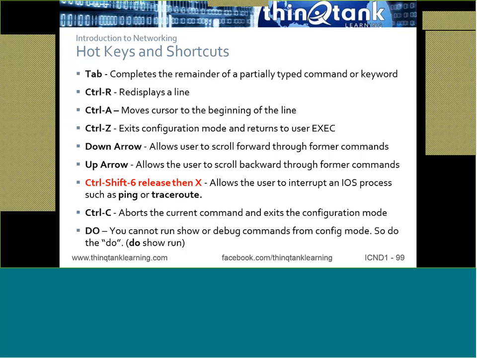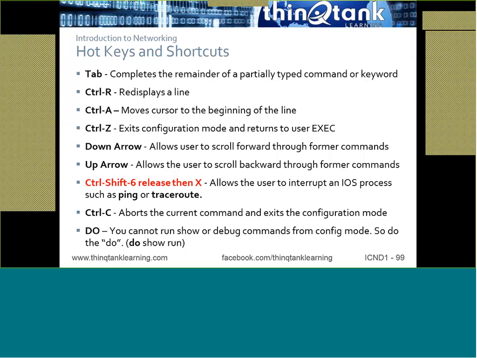On a real router, it's Control-Shift-6 and then push X. That is the break sequence for a Cisco device. Okay? Break sequence, that means to stop. To stop whatever's happening at that time. If you're doing a ping, trace route, if the router's doing a DNS lookup, Control-Shift-6 and then X.